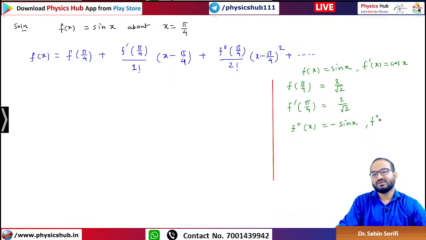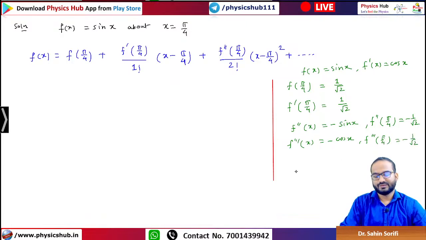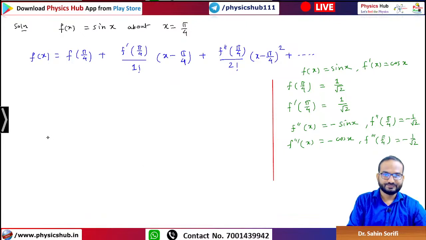So f double prime at x equals pi by 4 will be minus 1 by root 2. f triple prime is minus cos x. So f triple prime at x equals pi by 4 is equal to minus 1 by root 2. Option B, all of you getting very good.